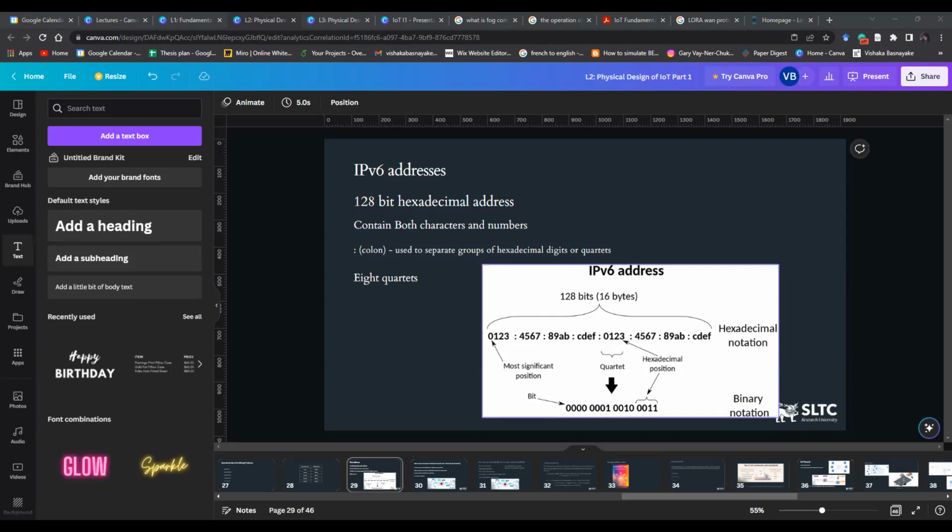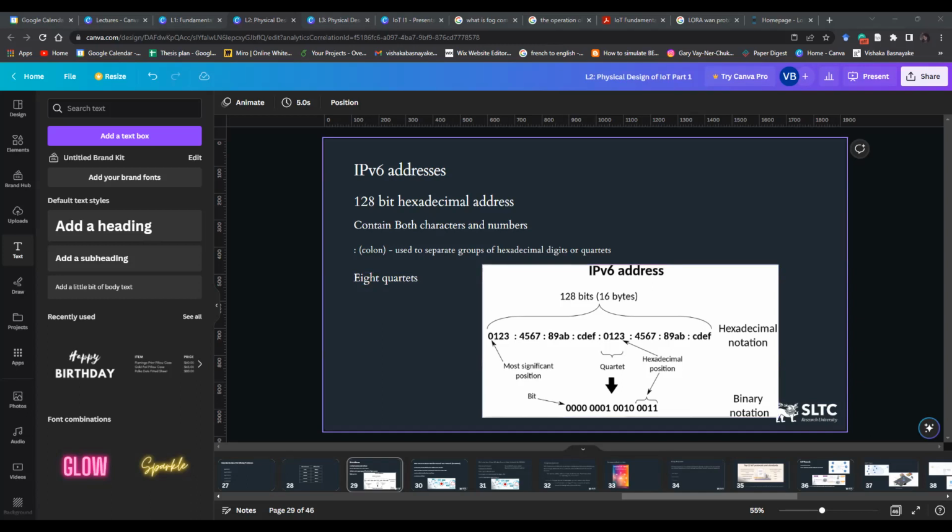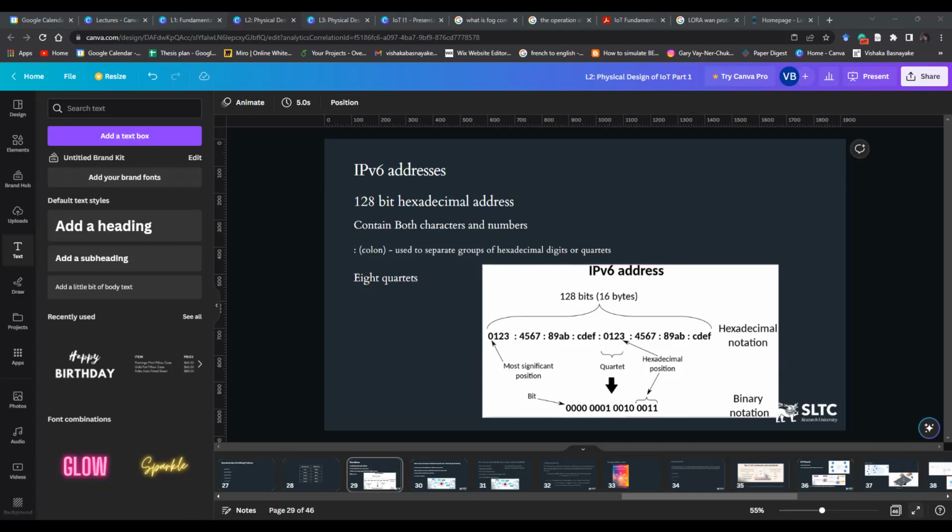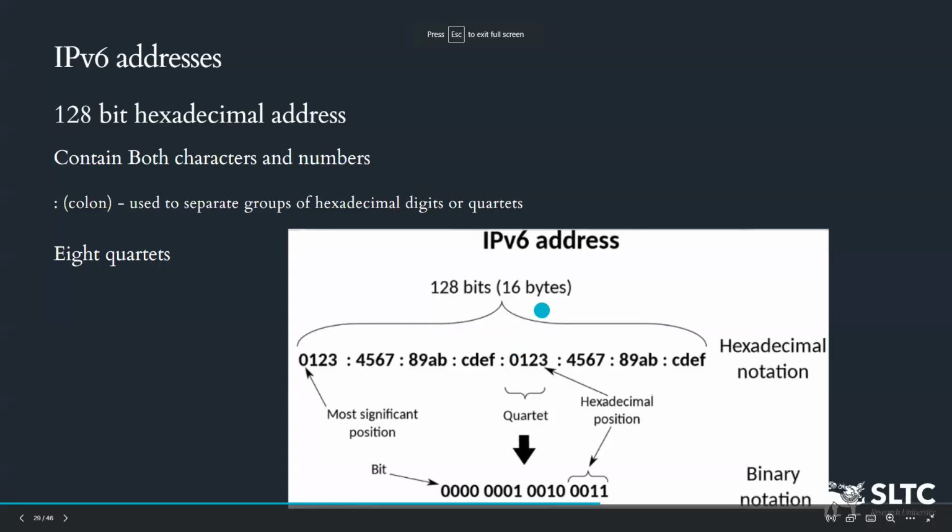So this IPv6 address has like how many? Like 8 quartets, right? We call this individual component here a quartet.